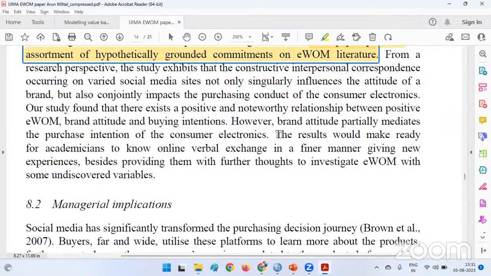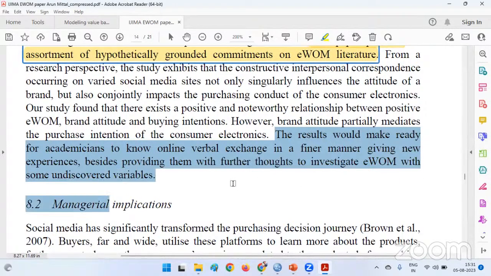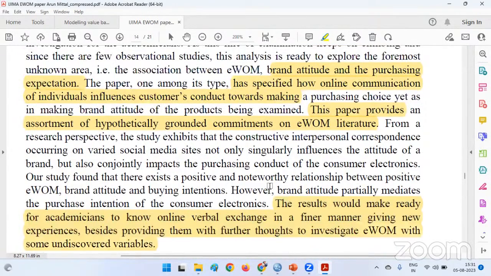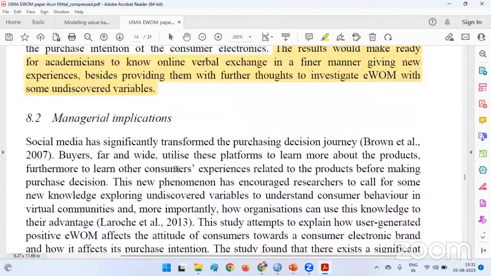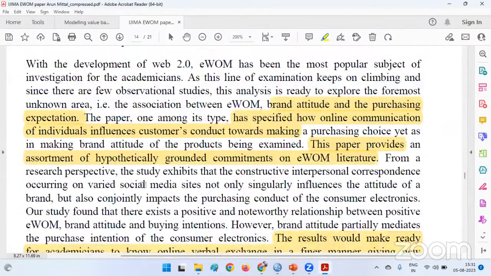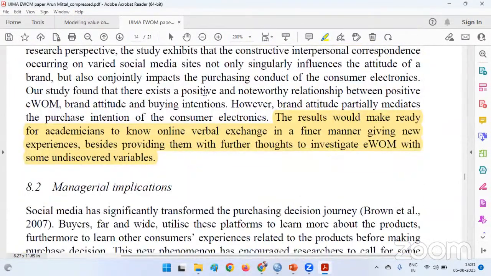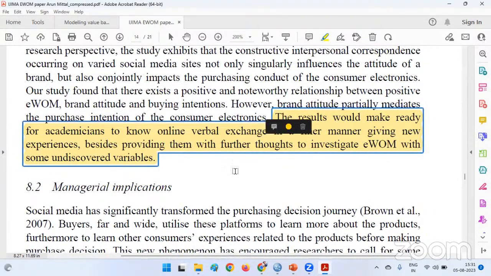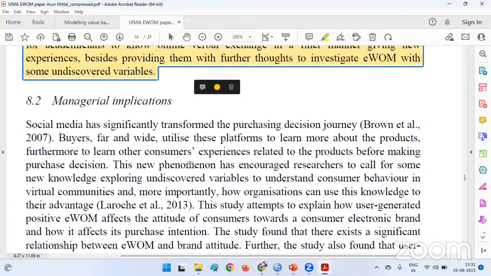Then we come to the results, which would make ready for academicians to know online verbal exchange is a finer manner, giving new experiences besides providing further thoughts. Okay, so it is written in such a way that it convinces the examiner that we are contributing to the existing body of knowledge.